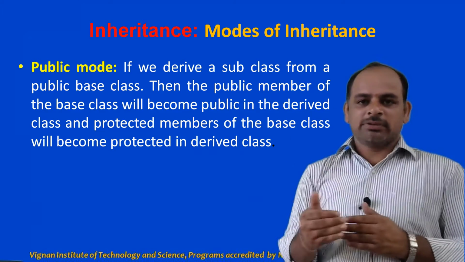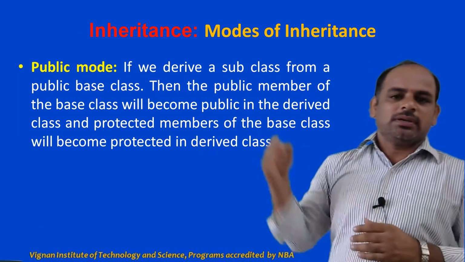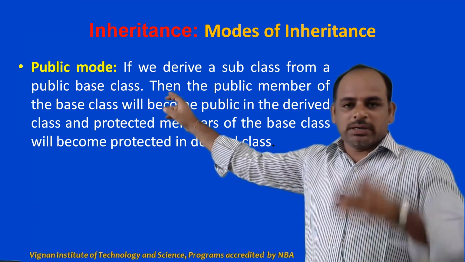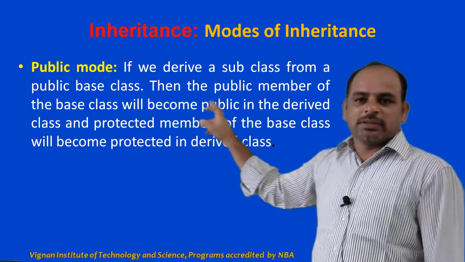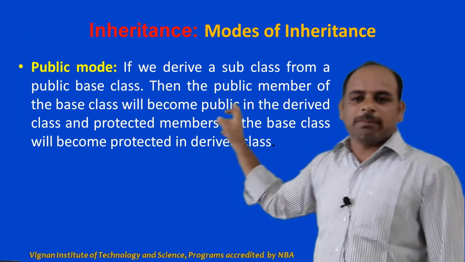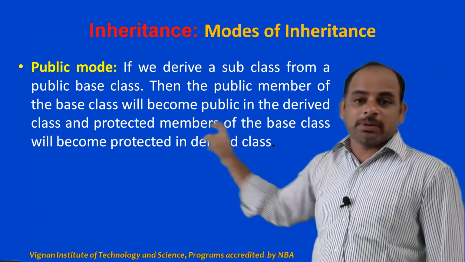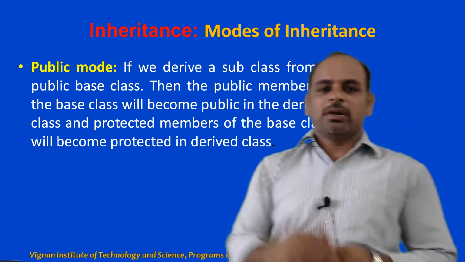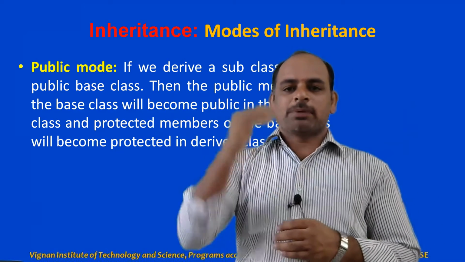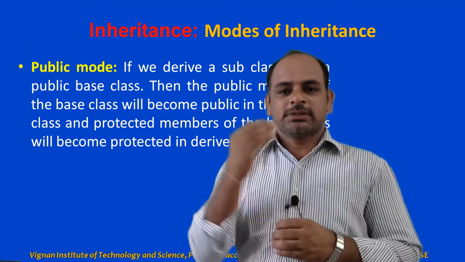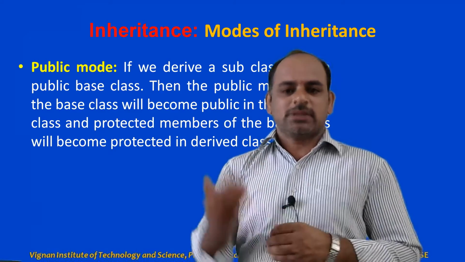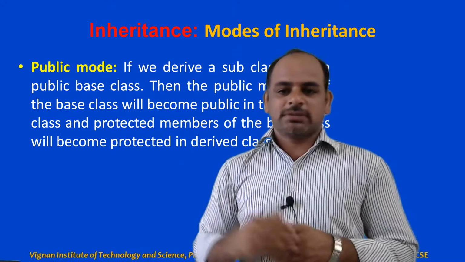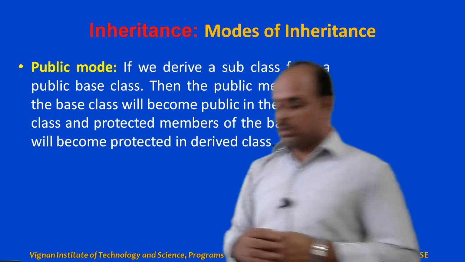If you derive the child class in public mode, then public members of the base class will become public in the derived class, and protected members of the base class will become protected members in the derived class. So all the public and protected members of the base class become public and protected members of the derived class, but the private members of the base class will be asterisk here. Those cannot be inherited.